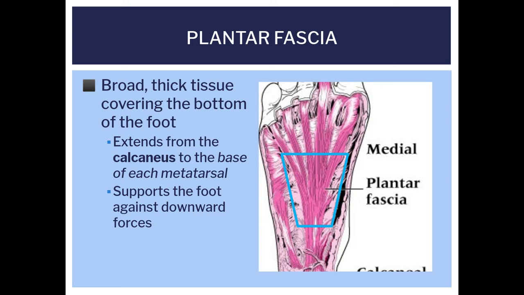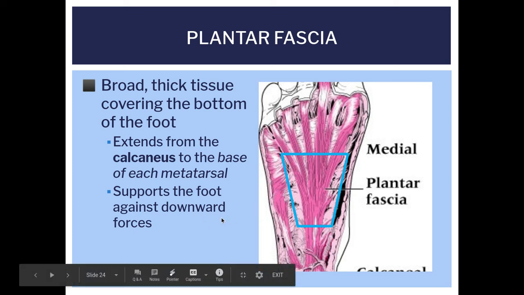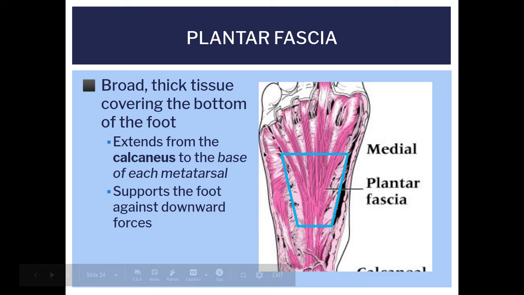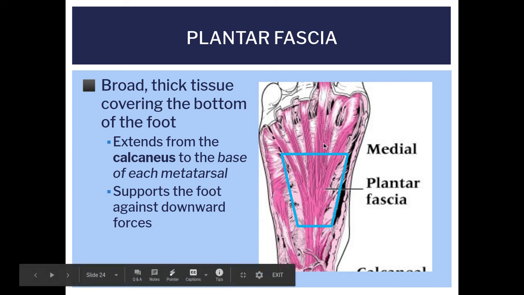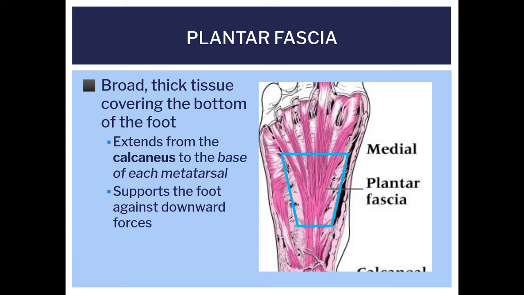That fascia is intended to provide more support in the foot and the arch so that you're able to withstand the forces of your weight, the downward forces, especially when you're running and moving. And just know that this fascia, this type of tissue, starts from your calcaneus and goes all the way to your metatarsals, all the way to your phalanges.